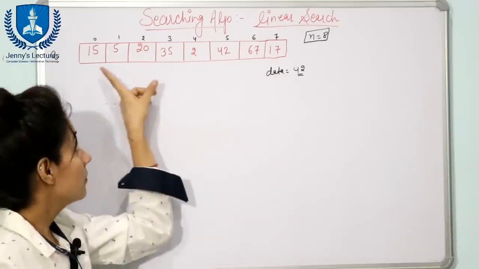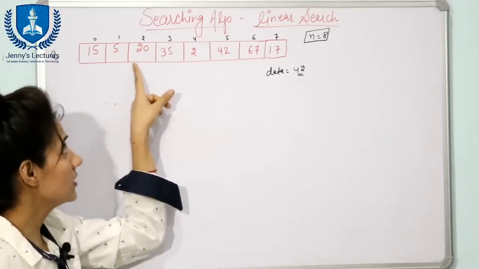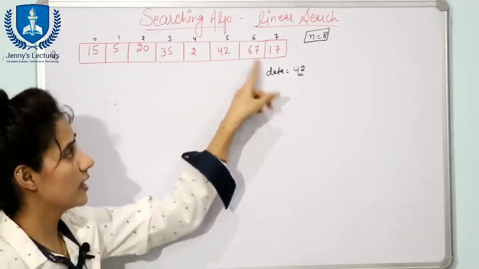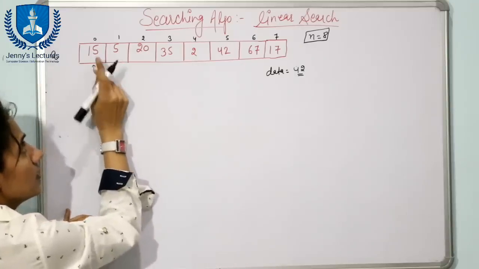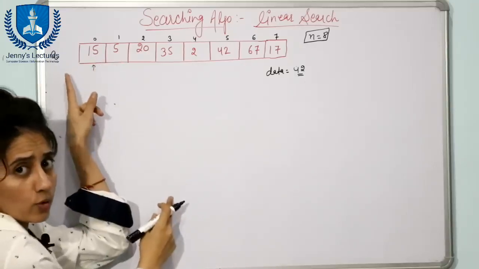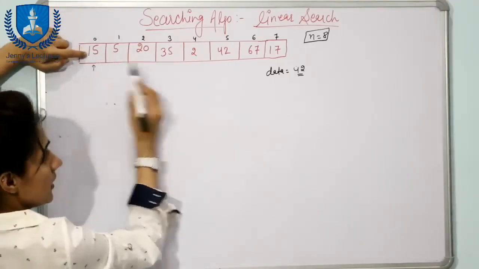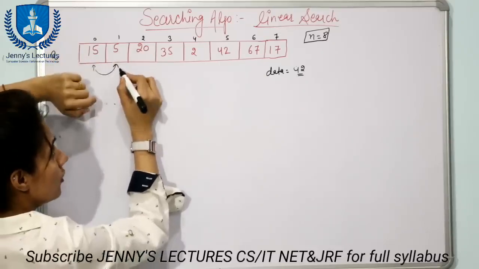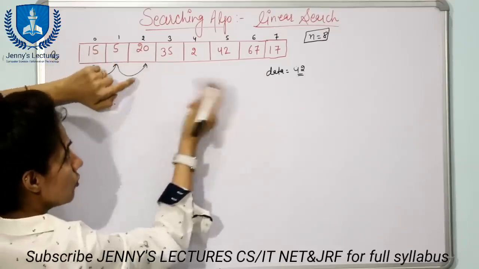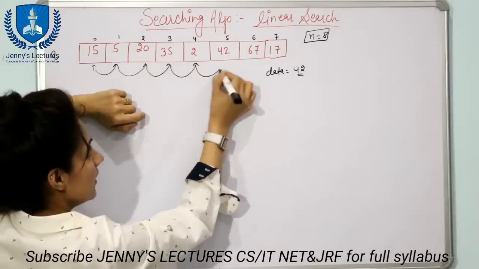If no, then you'll move to the next element, then the next, and like this. Now for 42, first of all we start from the starting of the array. 15, is this the element you want? No, then move to the next element. This is not 42, next element, this is also not 42, this is also not 42, next and next.